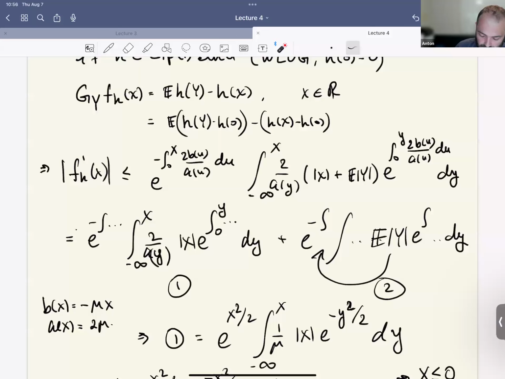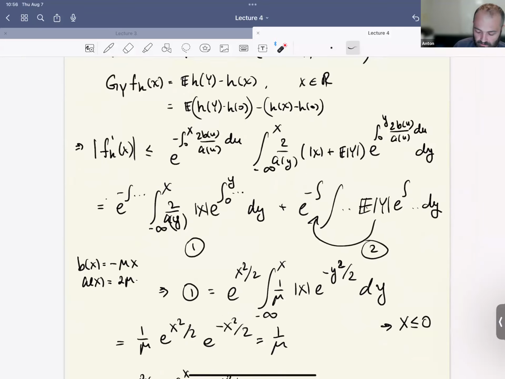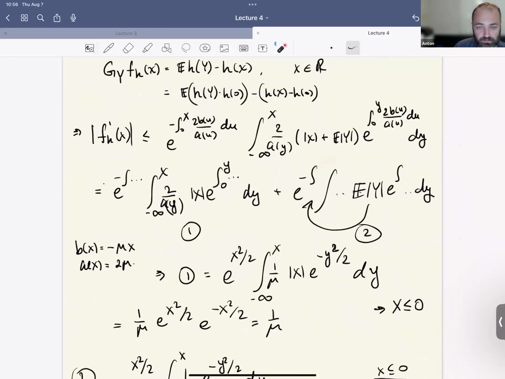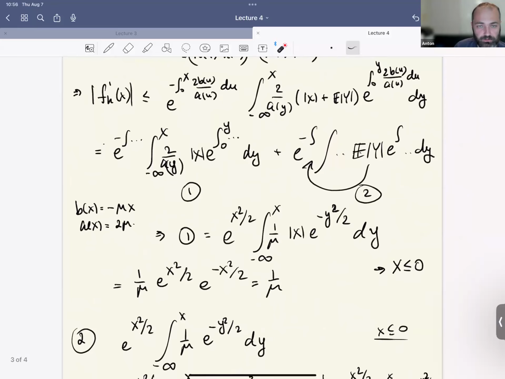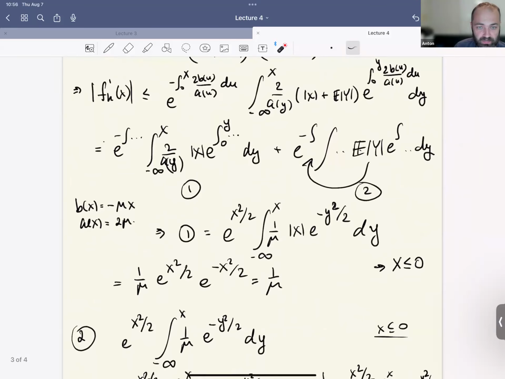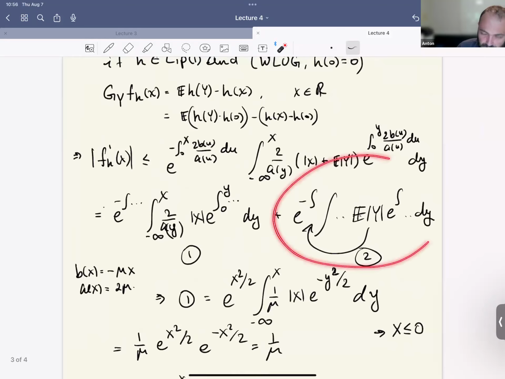Except in term number one, this exponential thing is no longer a Gaussian. And same thing in term number two. We used some tricks that were very specific to the Gaussian. Is there hope of using them again for non-Gaussian settings? Okay. So the answer is, let me show you especially the one for number two.